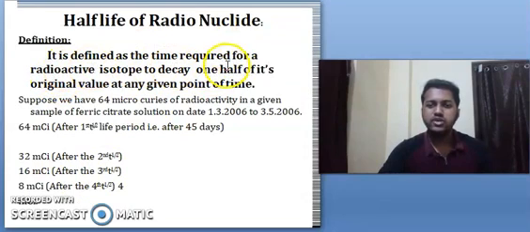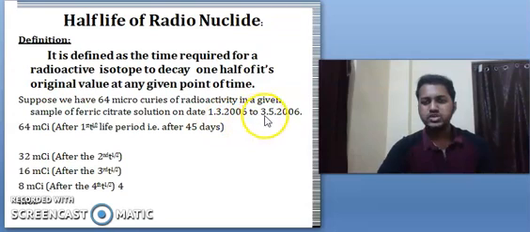Half-life of radionuclide is defined as the time required for a radioactive isotope to decay to one half of its original value at any given point of time. Suppose we have 64 millicurie of radioactivity in a given sample of ferric citrate solution on date 1/3/2006.